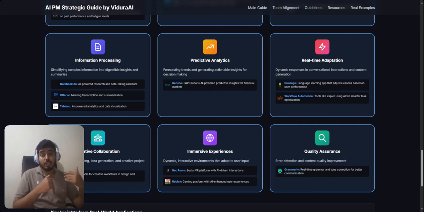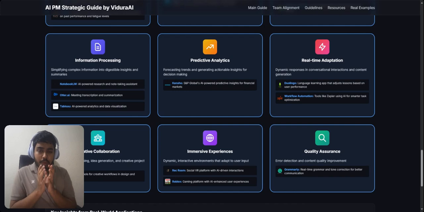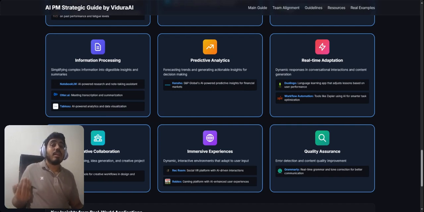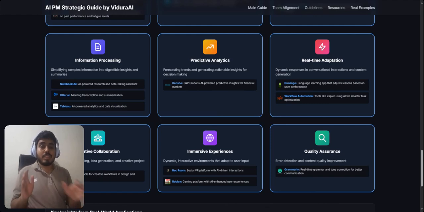And if you're talking about quality assurance tools, one of the general tools that we can talk about is Grammarly. If you're talking about quality assurance, there are a lot of examples, but I take Grammarly for real-time grammar and tone correction. So these are some tools I mentioned, covering 9 sections in which AI PM strategy has been involved in these companies. Talking from content generation and immersive experience to error correction in grammar, and we have talked about the Spotify AI DJ.